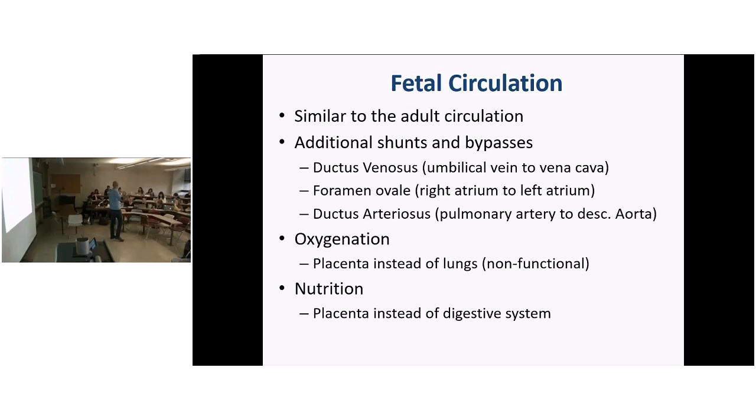This is supposed to close by the time of parturition. If it doesn't, you will have problems because you will mix arterial and venous blood in your adult age. And so you're always going to have some degree of problem with the oxygenation of the blood that you send to the rest of the body.